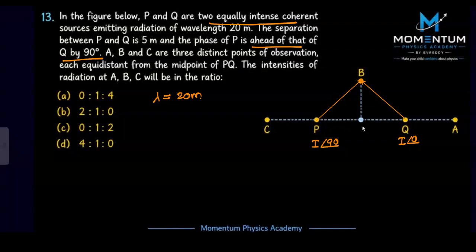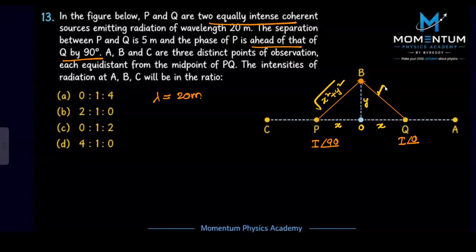And this is the midpoint, which is O. If I call this distance X, this is also X only, since O is the midpoint. And if we call this Y, then the PB distance is square root of X square plus Y square.